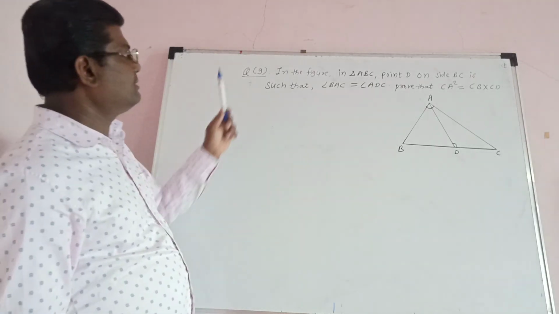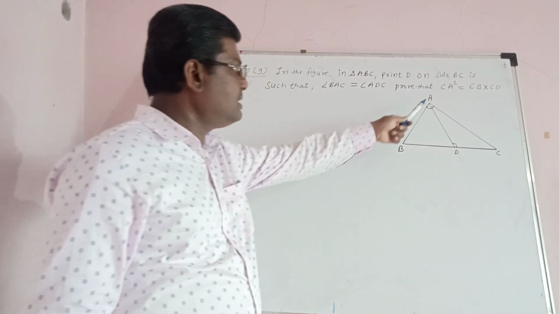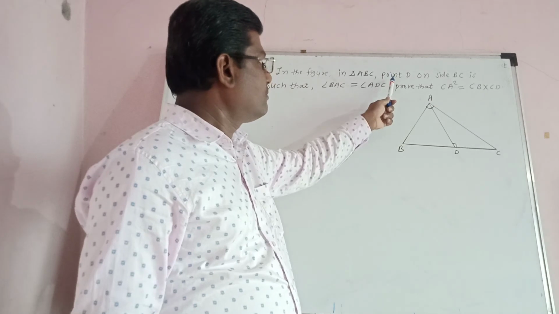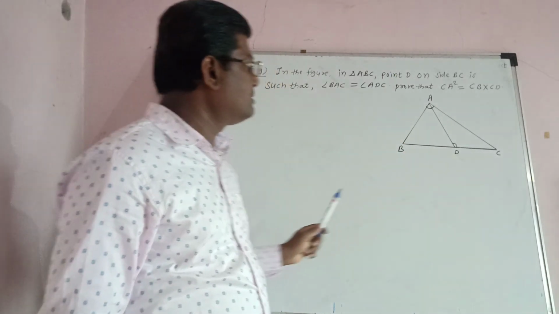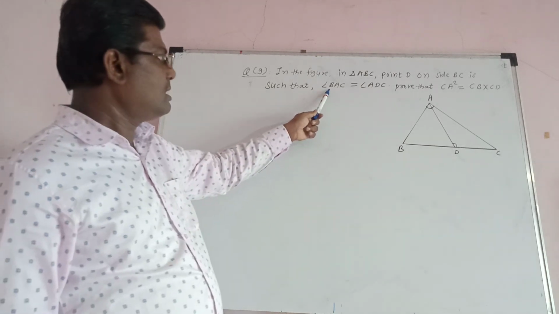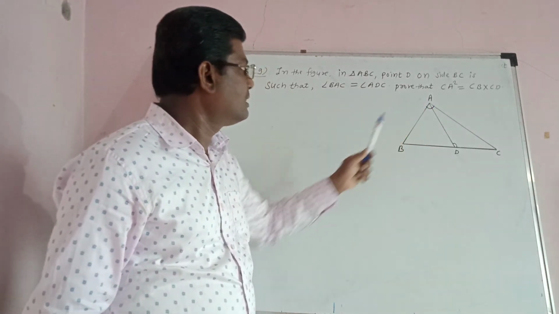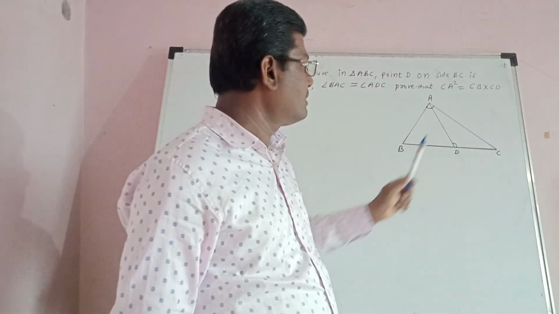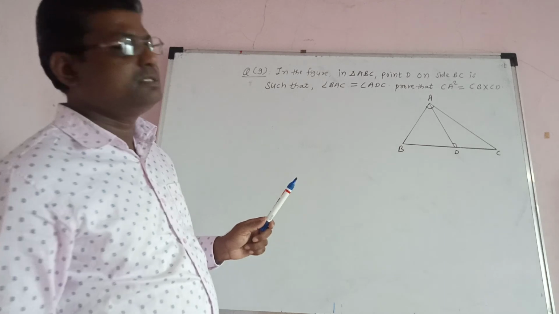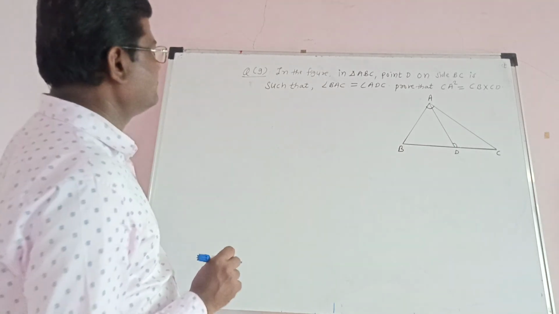Question number 9. In the figure, in triangle ABC, point D on side BC is such that angle BAC, this angle, is equal to angle ADC, this angle. Prove that CA square is equal to CB into CD.